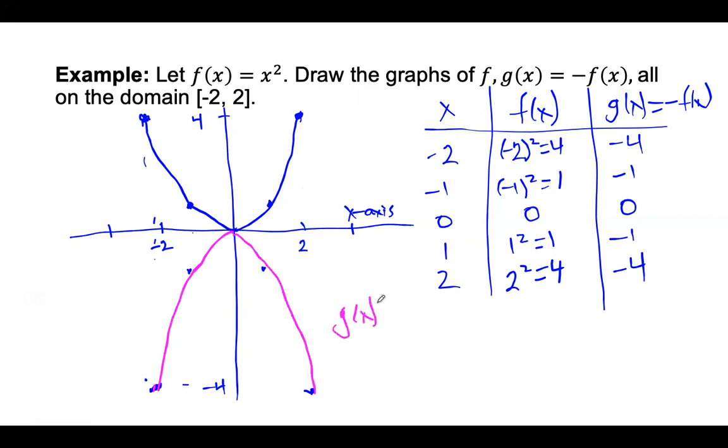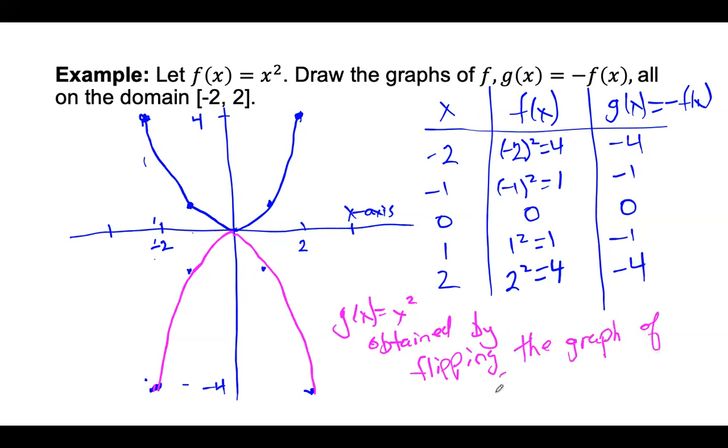So this g of x equals -x squared, and it's just obtained by flipping the graph of f of x across the horizontal axis.